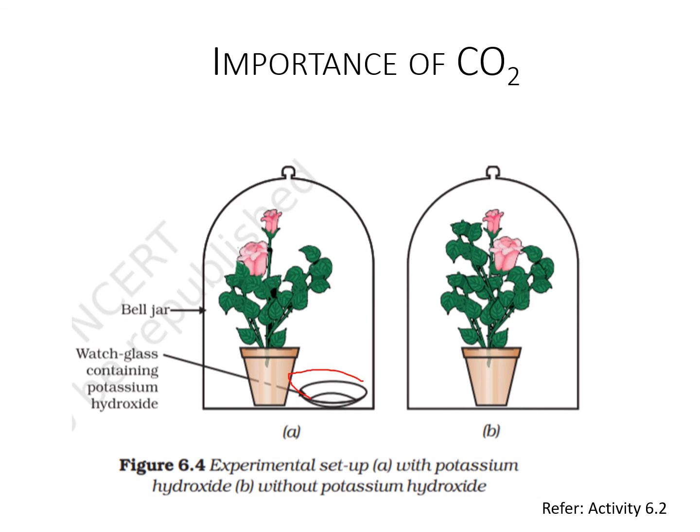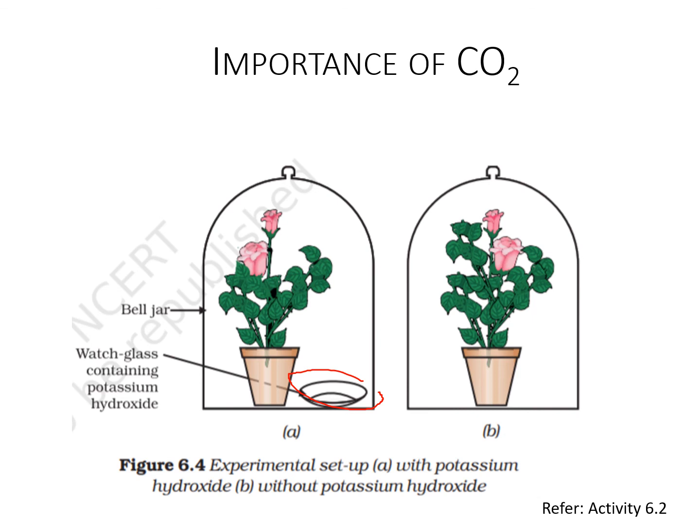So here we have the potassium hydroxide, but in the other one we do not keep the potassium hydroxide. And we seal these bell jars with Vaseline so that no air enters them. So the plant has only the air which is there within this bell jar.